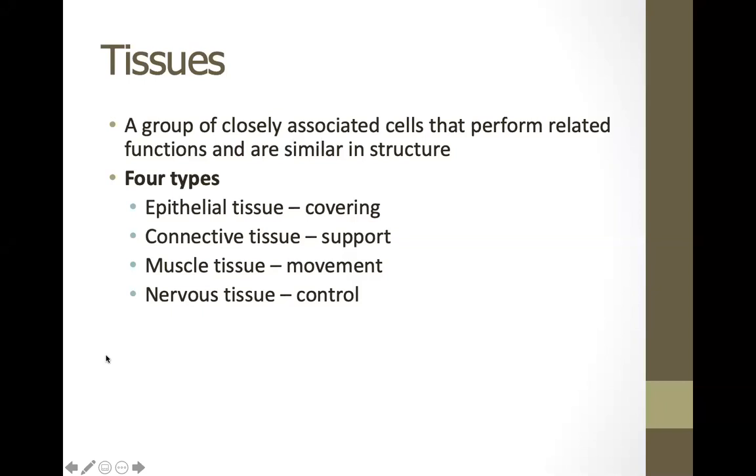So let's go ahead and get started by looking at the 4 categories of tissues that we have. We already know and discussed this briefly the first class meeting, when we were discussing the levels of organization. So let me ask you guys, what is the most basic level of organization we have? Most basic level.